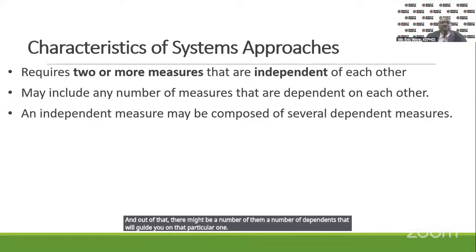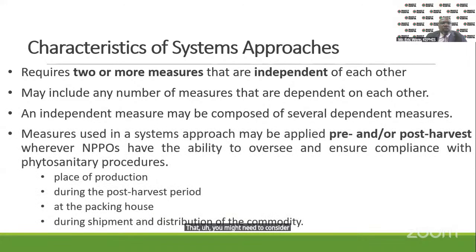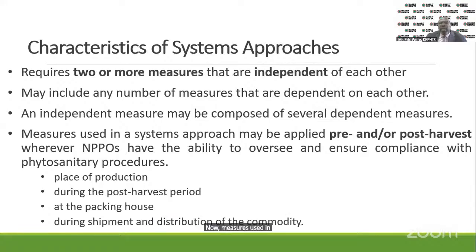So an independent measure may be composed of several dependent measures that you might need to consider as you are implementing your system approach. Now, measures used in system approach may be applied, as I'd said, before or after post-harvest.